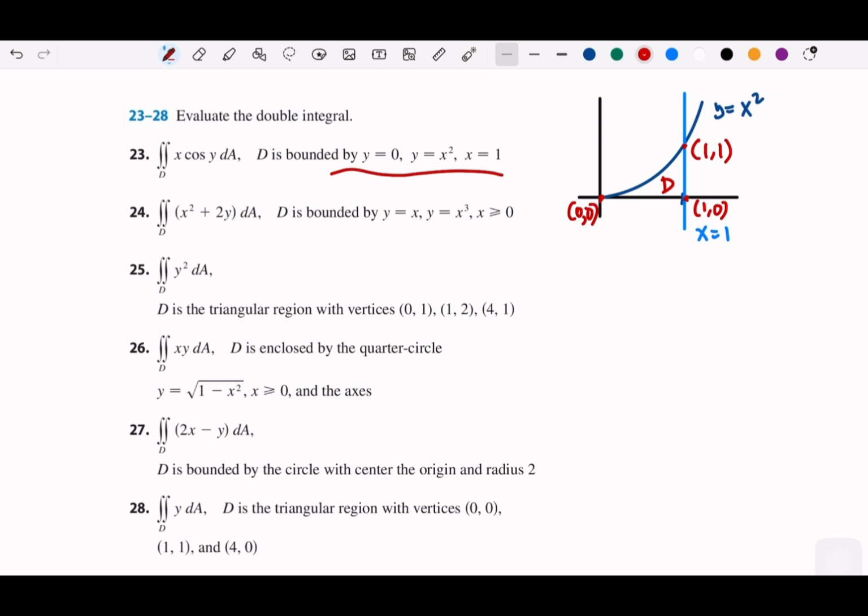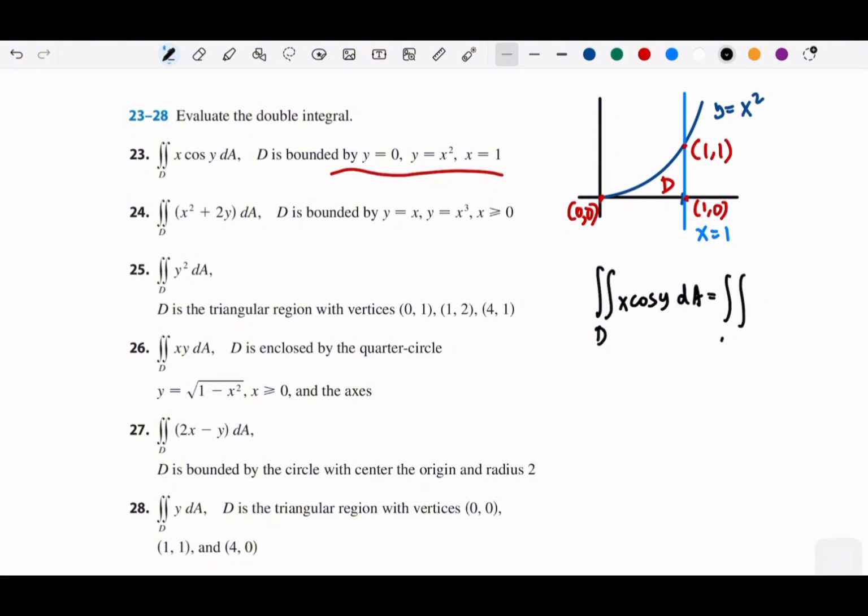We can make it into a function of y or function of x. But I think I will just take the function of x because of the simplicity of the functions. So I will write directly here. I will have x as our constant.